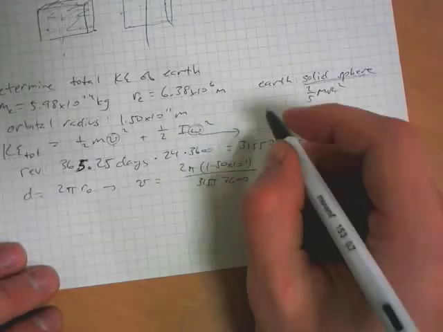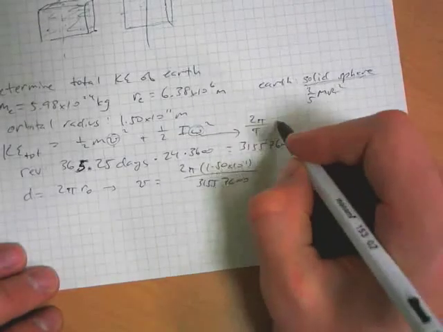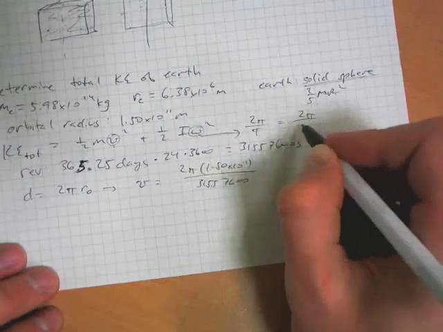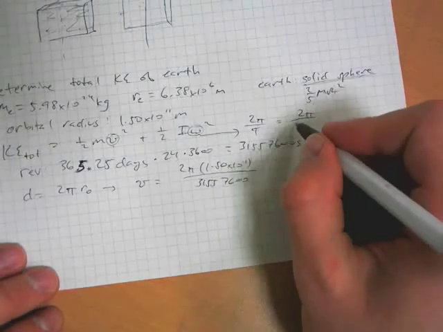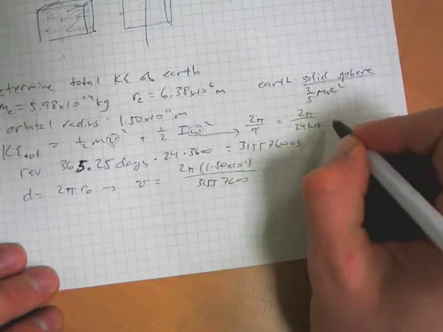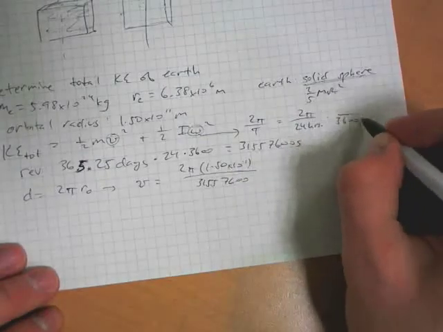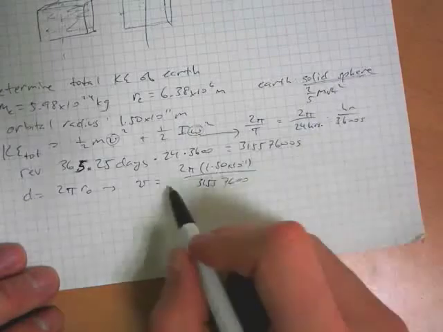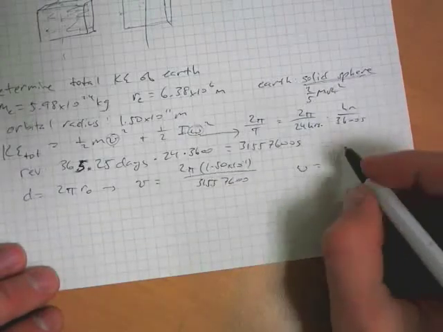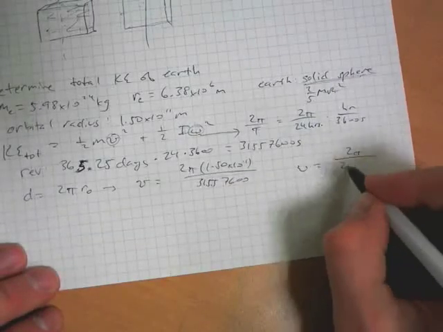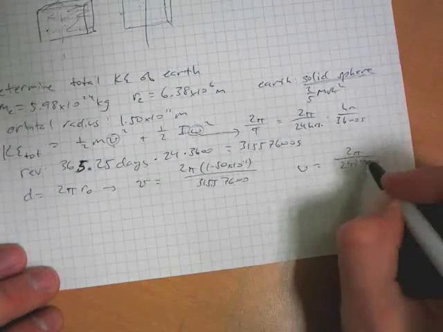Okay. Our omega is 2 pi over period, and our rotational period is about 24 hours. So we go times 3,600 seconds per hour, and so our omega is 2 pi over 24 times 3,600 radians per second.